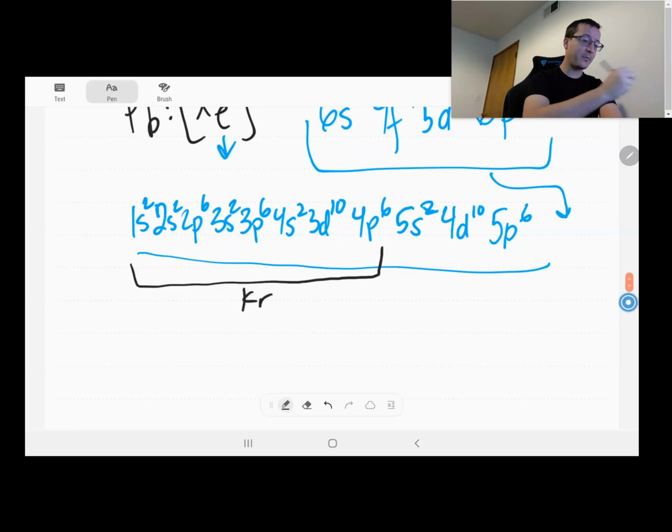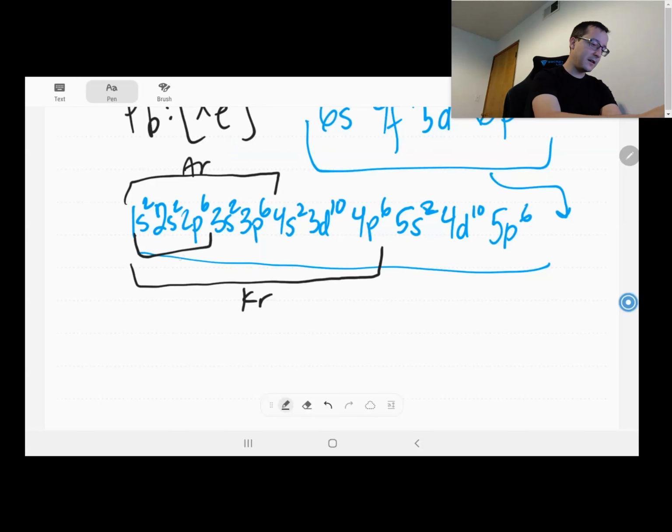And technically all of this is argon. And all of this is neon. And this is helium. Right? So we see these noble gases, with the exception of helium, all end in p6.